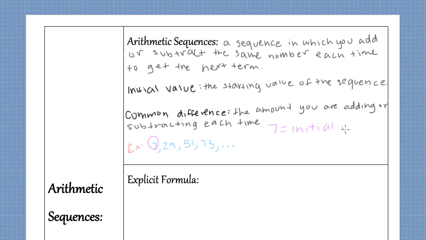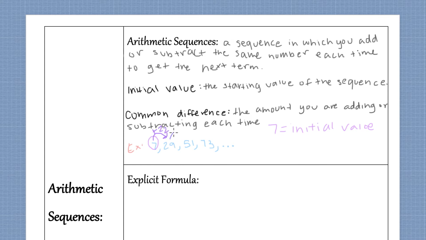Next, we need to find the common difference, which is the amount you are adding or subtracting each time in the sequence. Basically we want to find how much we need to add to 7 to get to 29. 29 minus 7 is 22. So that means we're adding 22 to get from 7 to 29.